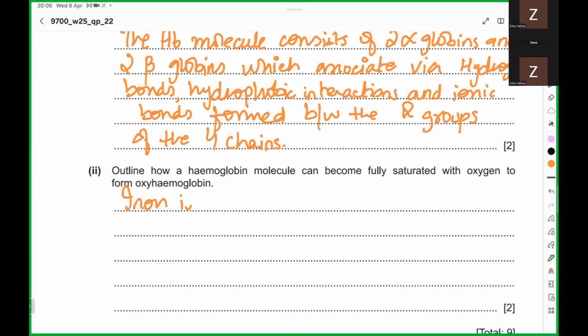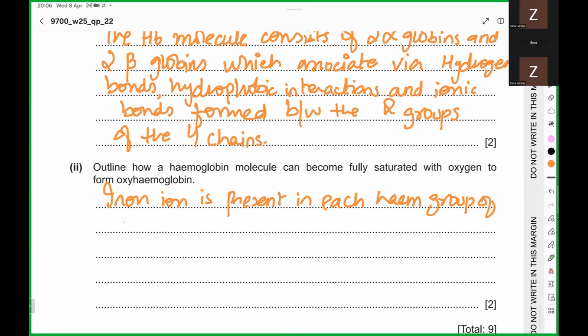Iron ion is present in each heme group of the four globins.